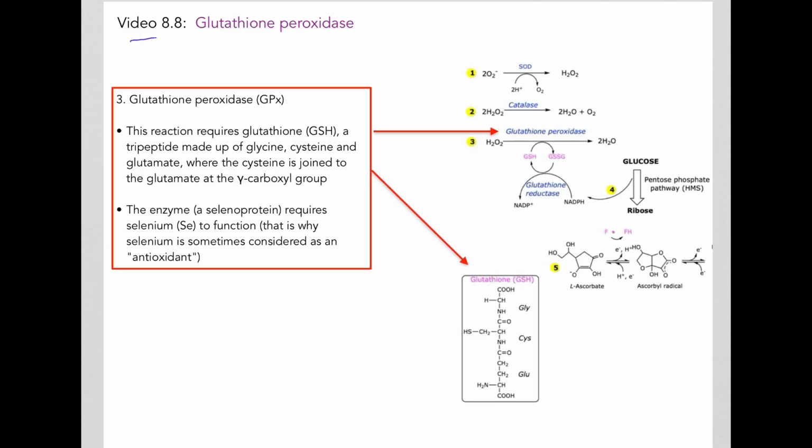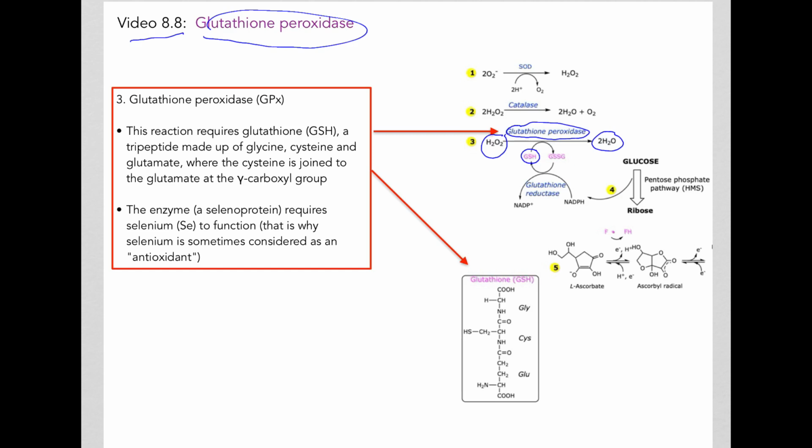Now in video 8.8, recall that we talked about this enzyme called glutathione peroxidase. We saw how this enzyme, glutathione peroxidase, one of the reactions it can catalyze is breaking down hydrogen peroxide into something very safe like water. But to do this reaction, it requires reduced glutathione.